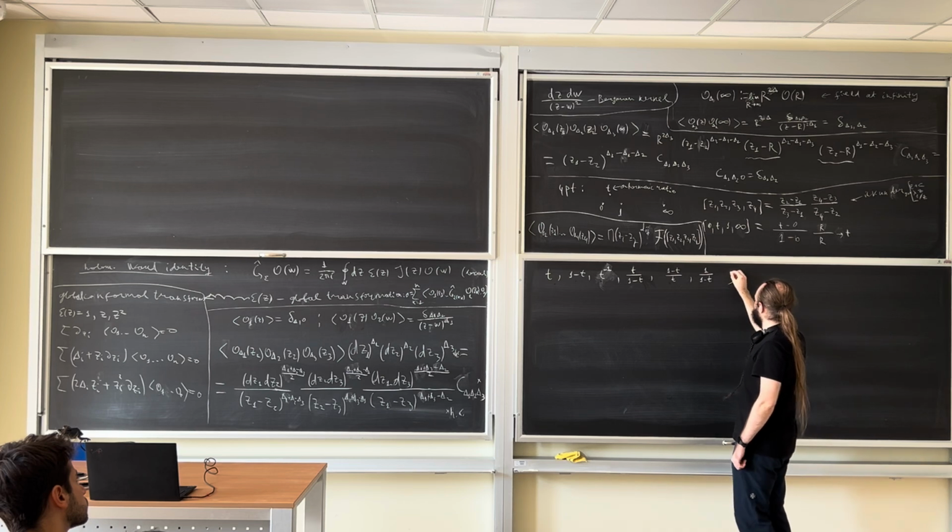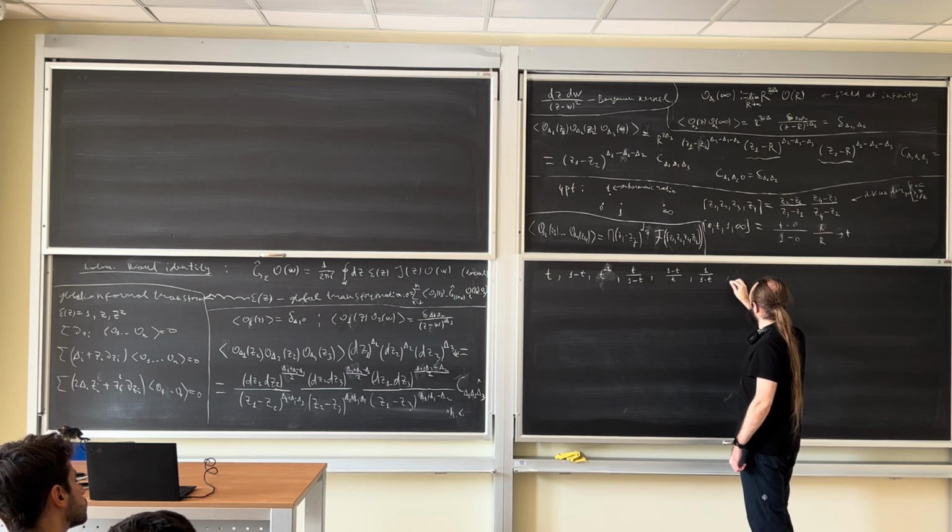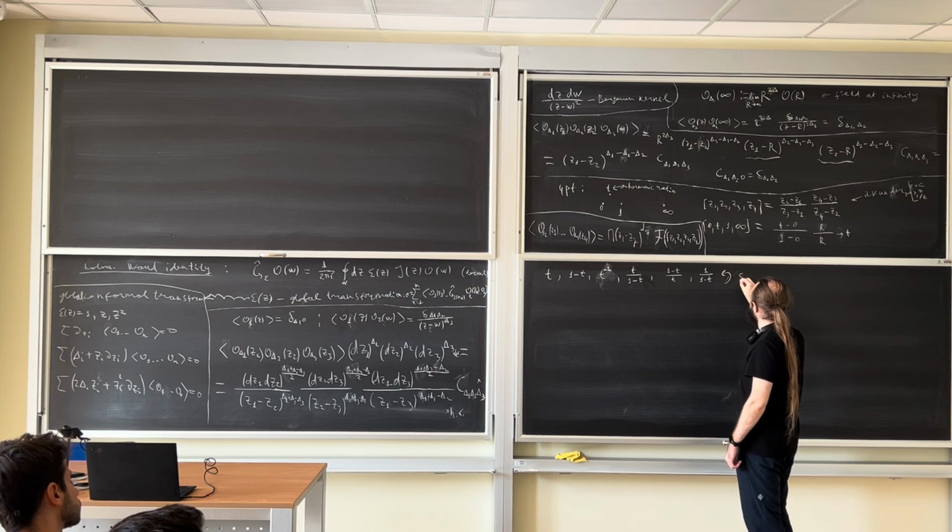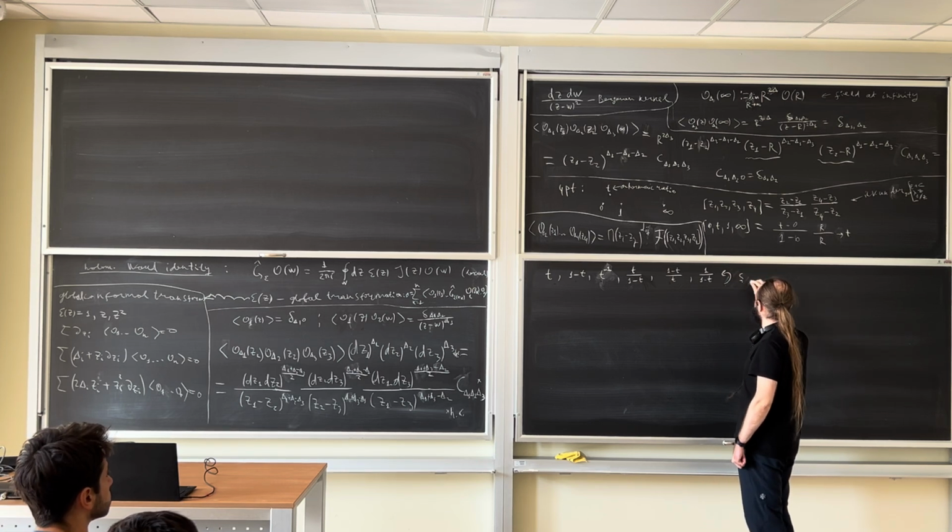So there is a permutation group of 3 elements acting on these anharmonic ratios.